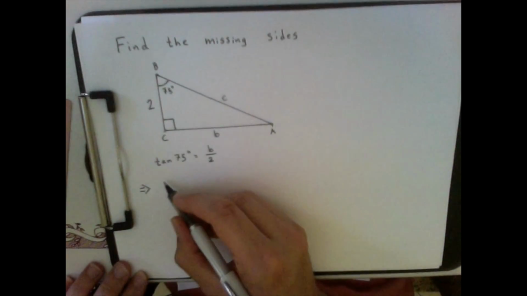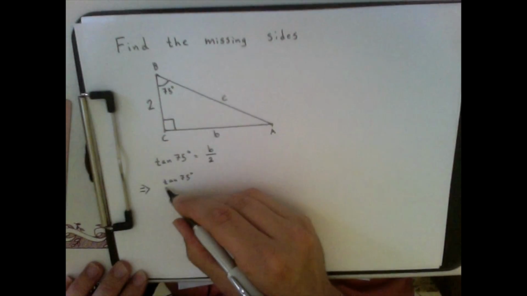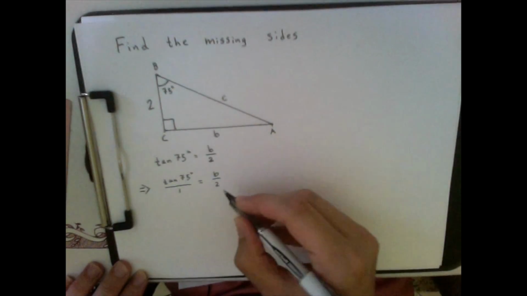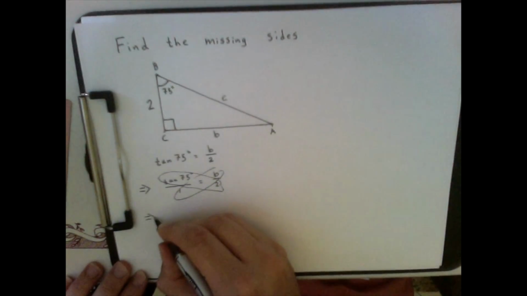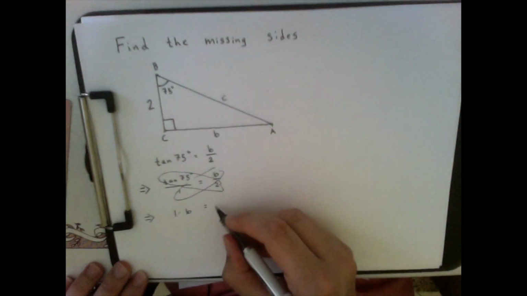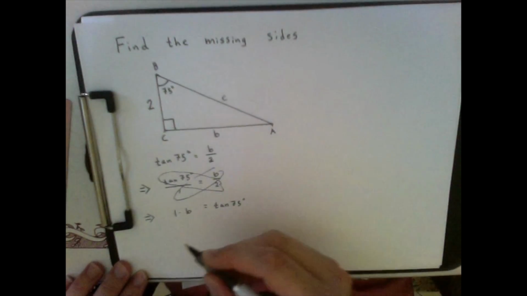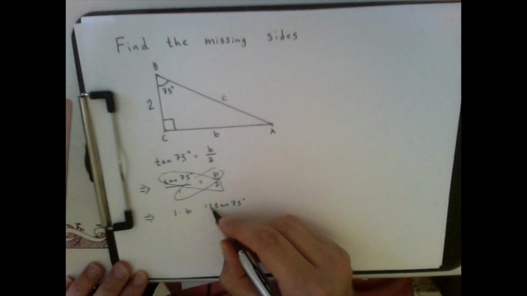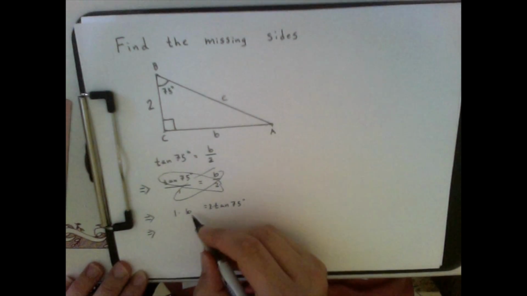We put the tangent of 75 degrees over 1 with the idea of cross multiplying. And now I'm going to go ahead and do that. And we get 1 times b is going to equal 2 times tangent of 75 degrees. 1 times b is, of course, b.